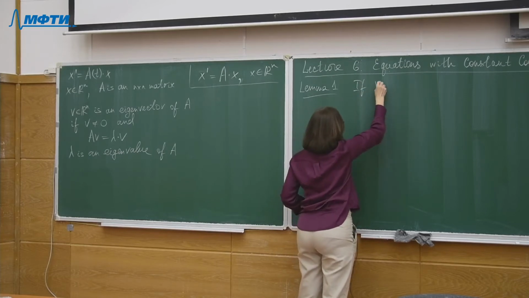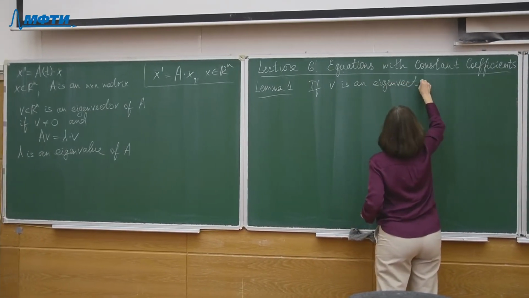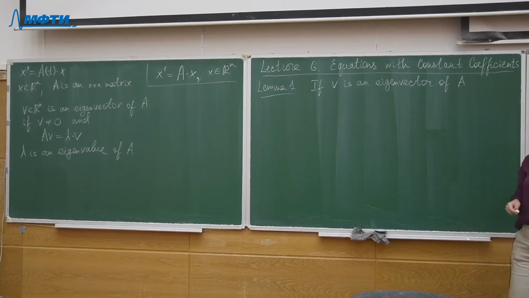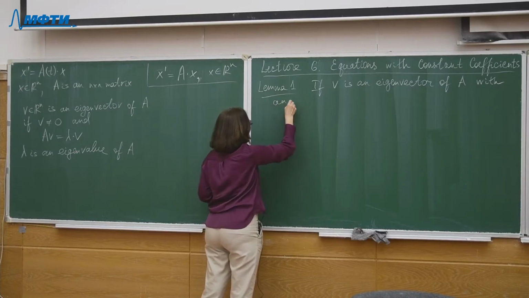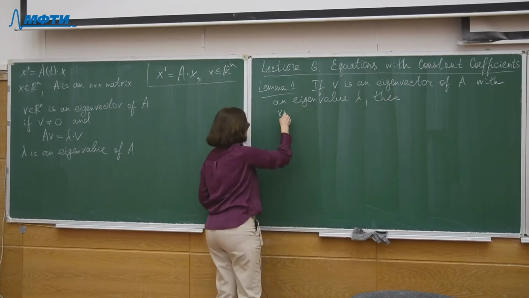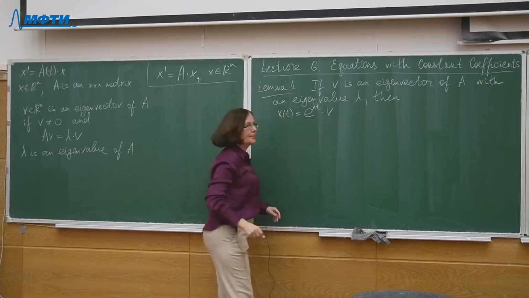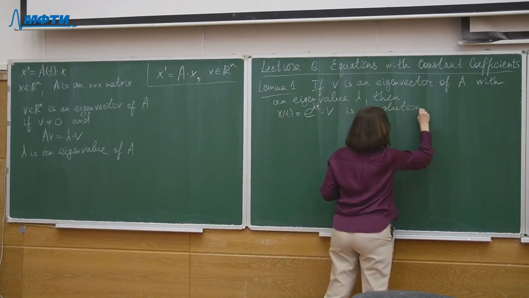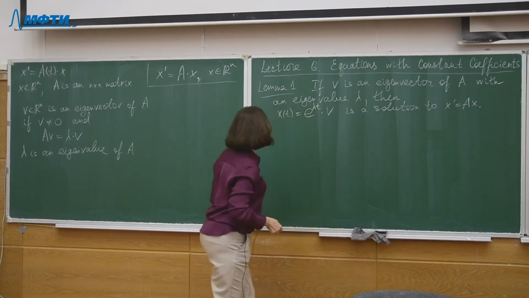If V is an eigenvector of A with an associated eigenvalue lambda, then the function x of t, equal to e raised to the power lambda t times v, is a solution to this differential equation. Let's prove this.